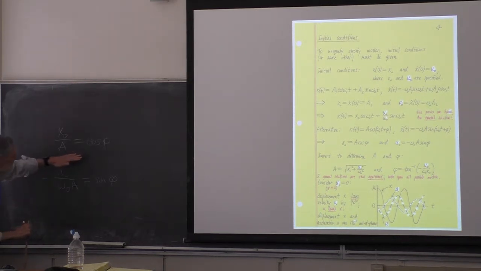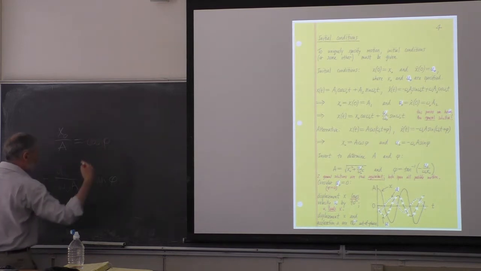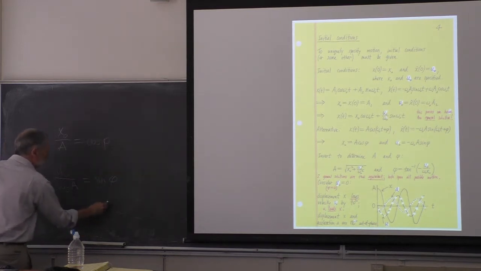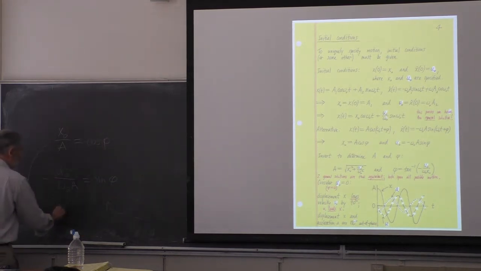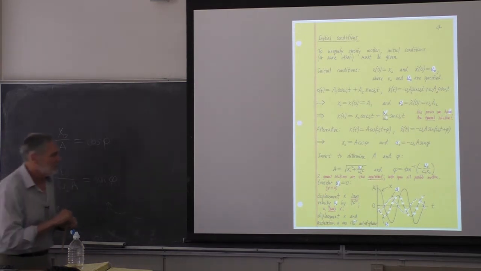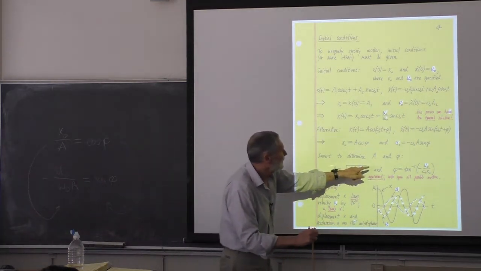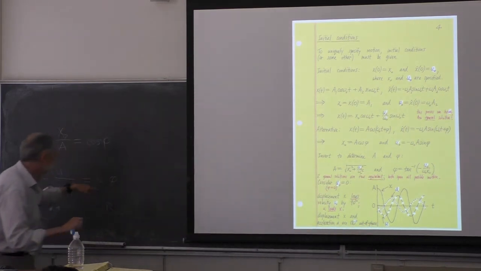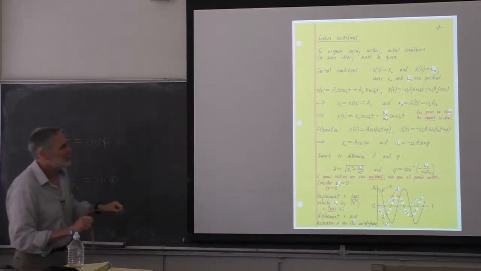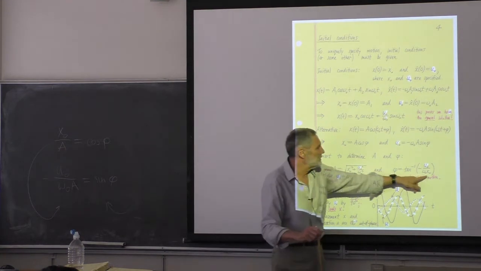I take this equation and put it underneath here. And why am I doing that? What happens to a? It disappears, right? Now I could have taken this divided by that, but I went the other way because that's going to be the tangent, which is more common than the cotangent. So here we can solve this for the tangent of phi and eliminate a. So phi has to be the inverse tangent of this.